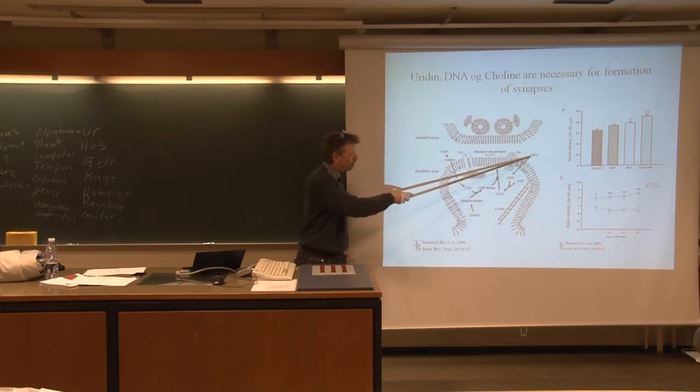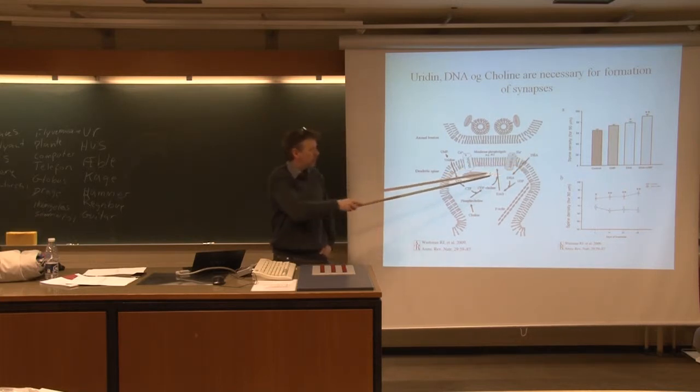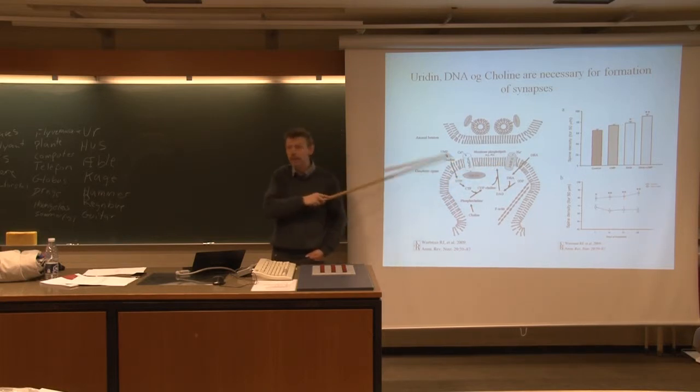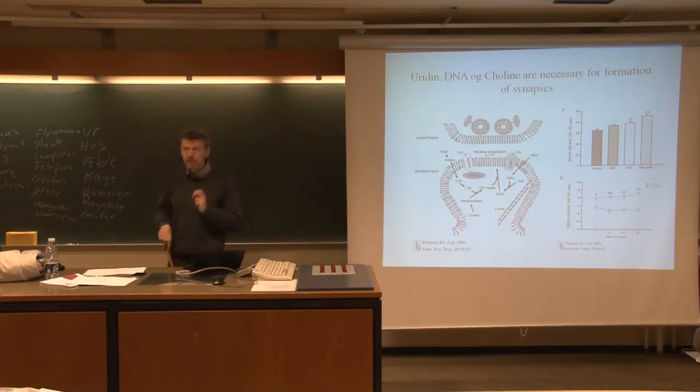DHA is docosahexaenoic acid, which is an omega-3 fatty acid. And in the brain, about 60% of the cell membranes comes from this compound alone. So that's interesting in itself.